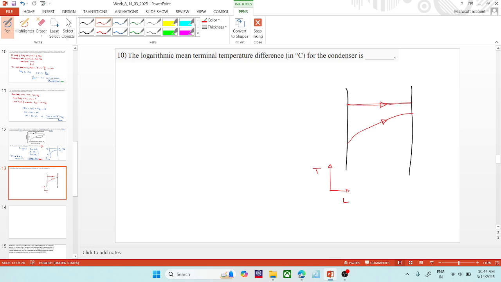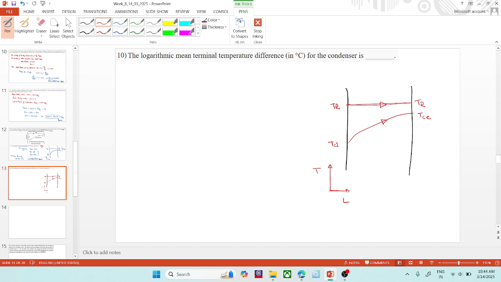So this could be a parallel or counter flow heat exchanger. Anyway, the LMTD would be the same in both cases. So this is TH, the temperature of the hot steam. This is TH, this is TCI, and this is TCE.